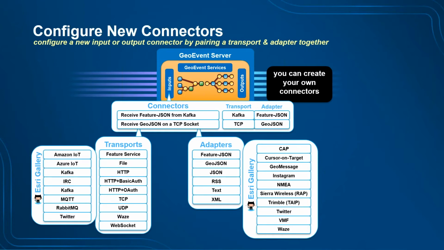So while there's no receive GeoJSON on a TCP socket that comes with GeoEvent Server out of the box, there is a TCP transport and a GeoJSON adapter, and you can couple those together to make your own new input connector if you require that combination of transport and adapter. Likewise, you might download the Kafka component from the gallery and use that as the transport along with a feature JSON adapter to configure a new connector that you can use for an input.